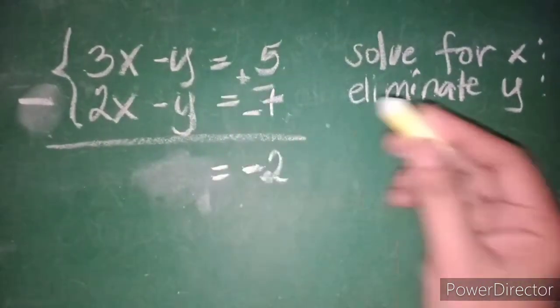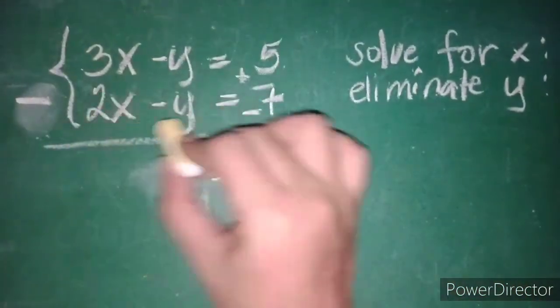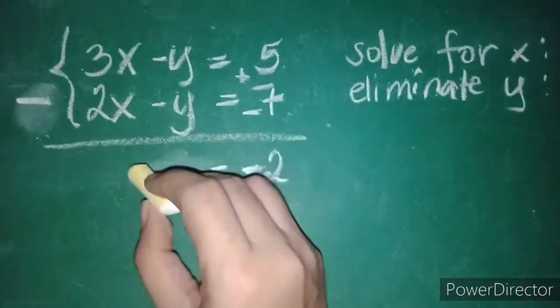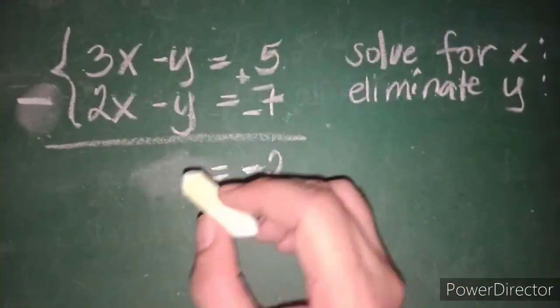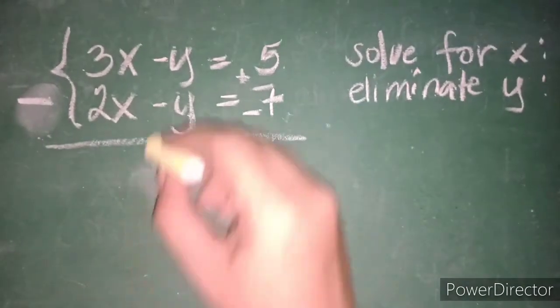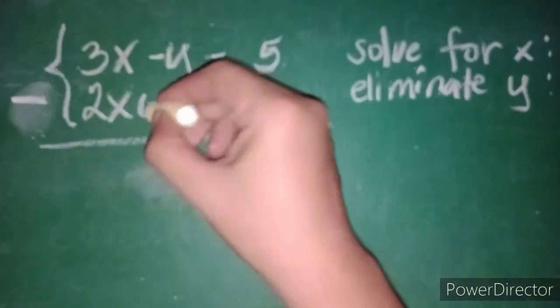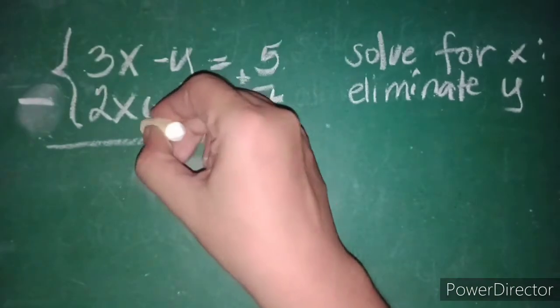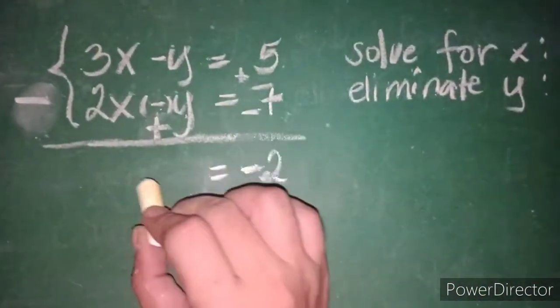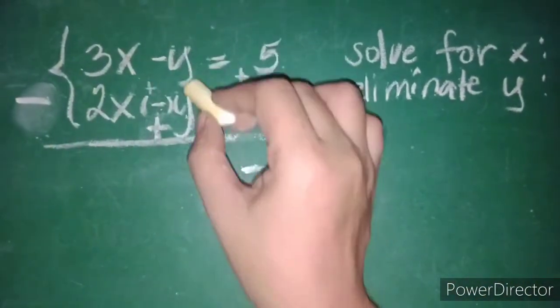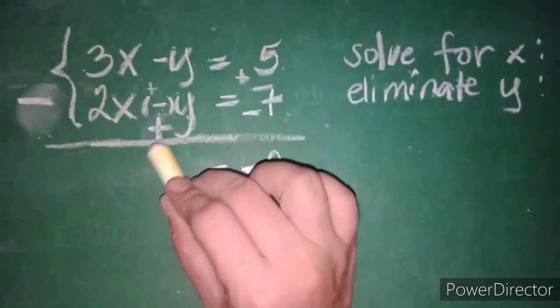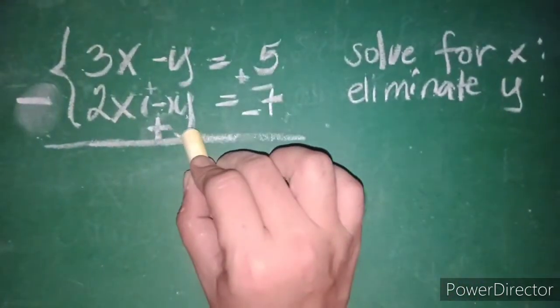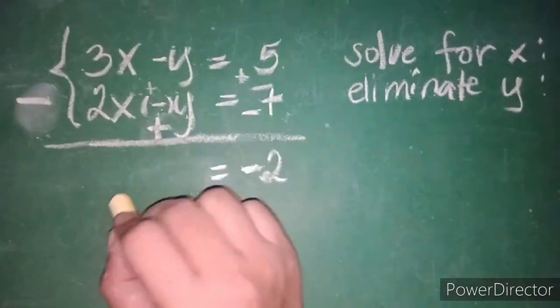Okay, and then equals, now negative y minus negative y, okay, based sa rule ng subtraction, change the sign of the subtrahend. So, ang subtrahend natin is negative y, so negative mapapalitan ng positive, and then proceed as in addition. Okay, negative y plus positive y. Okay, then the answer is 0.